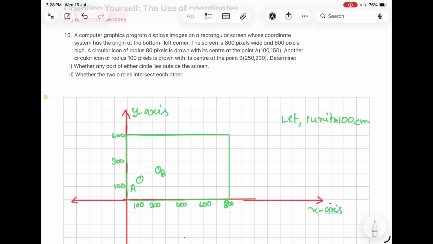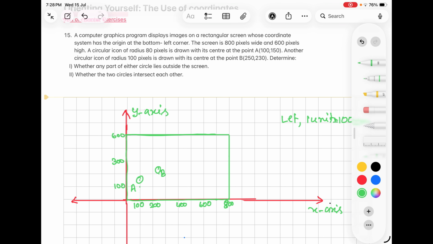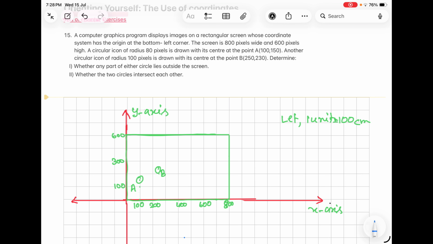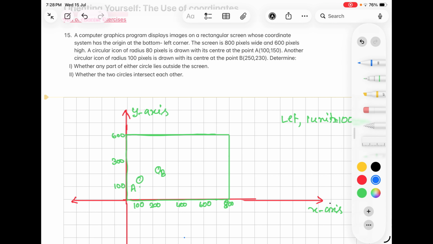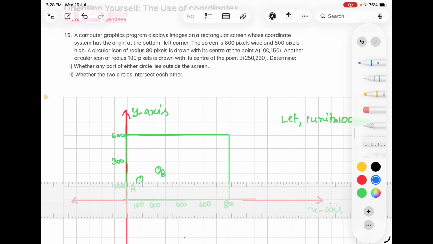Now the first circle whose radius is 80 pixel, that is 0.8 centimeter radius. You have to take 0.8 centimeter radius and, at the point A as a center, create a circle. Where is A? There is A. Now I am taking 0.8 centimeter with the help of the scale, at the point A as a center.